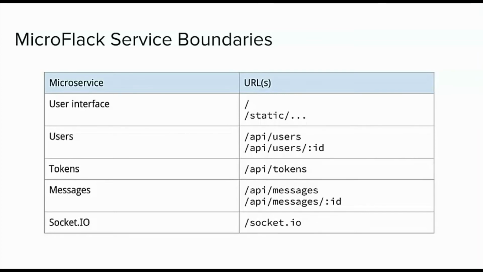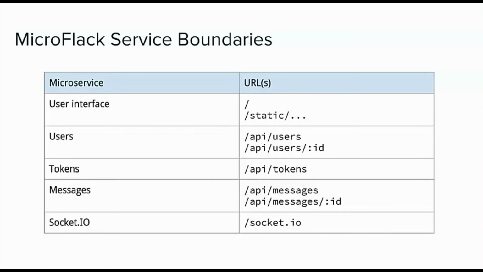I was thinking about how to split this application into separate services. Basically what I decided to do is look at the URLs. We have a bunch of URLs that return the static content, the JavaScript, CSS and HTML, so basically the UI.